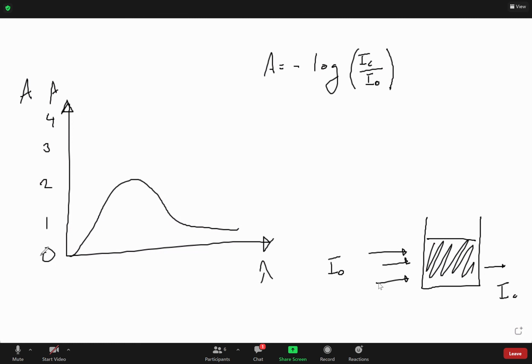So for an absorbance of 0, how much light is being collected? What's IC? All of it. Yeah, so we're getting 100%. So our ratio of IC over I0, the collected light over the initial light, we're getting 100% of it back when there's no absorbance. What about an absorbance of 1?